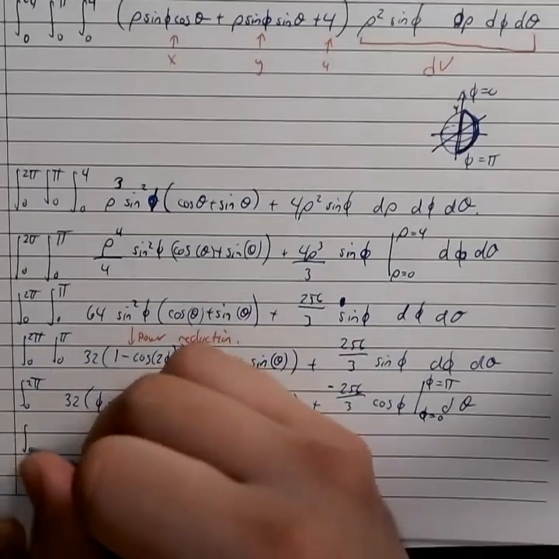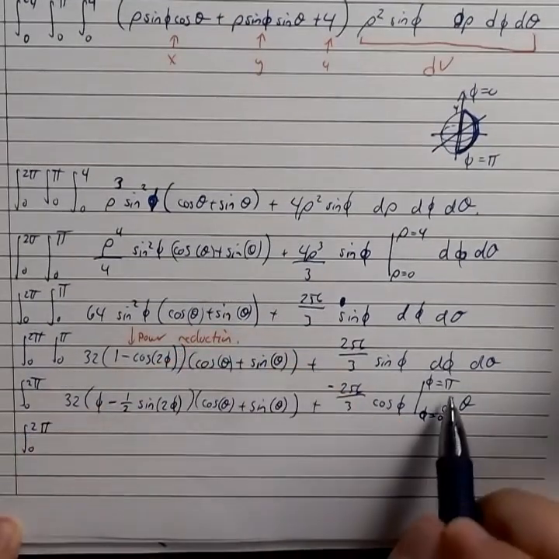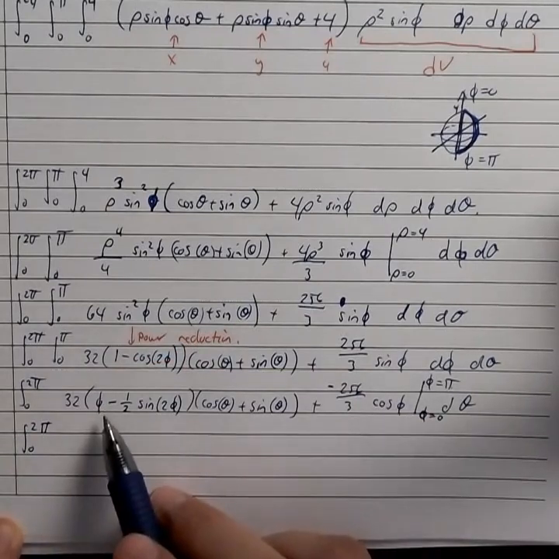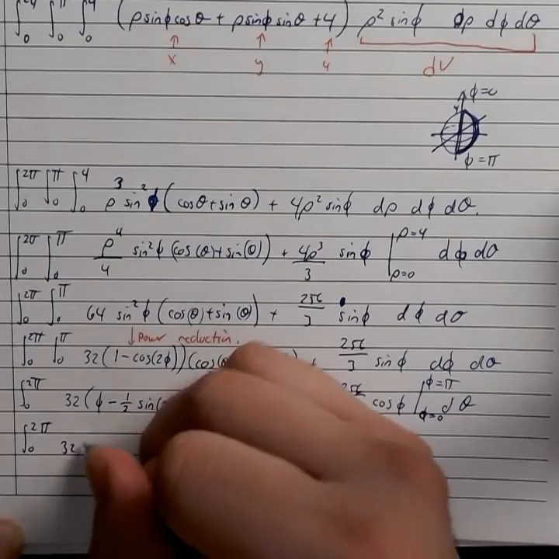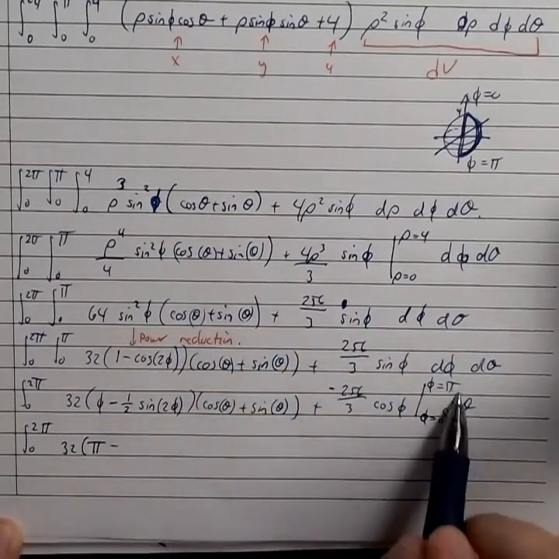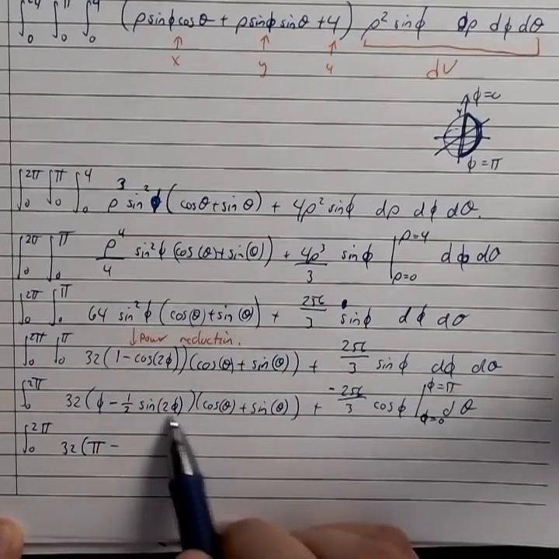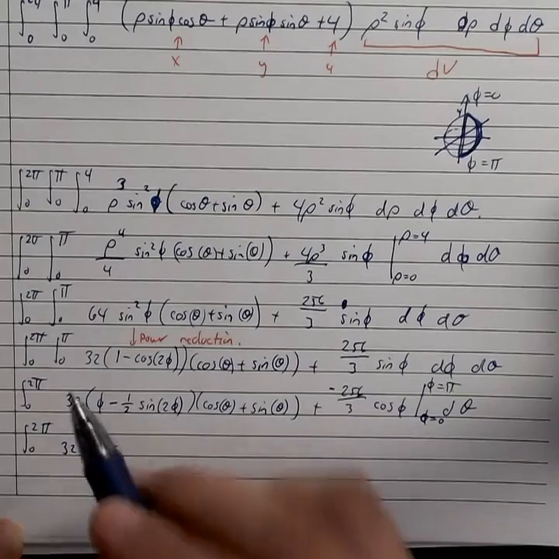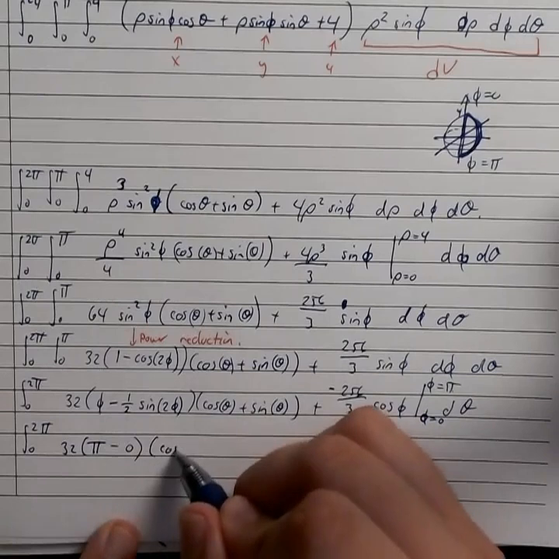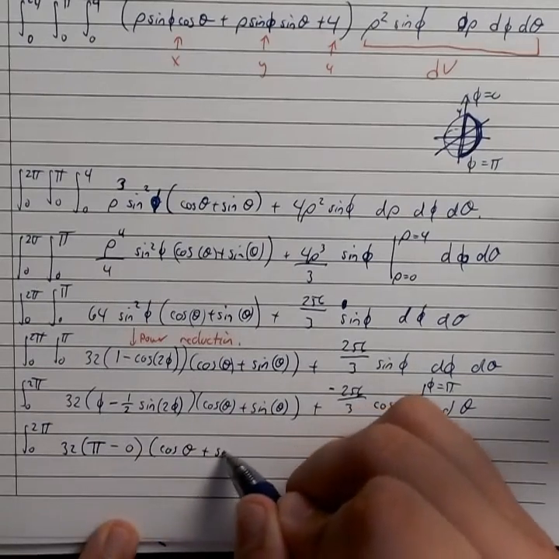And so that becomes the integral from 0 to 2 pi of, all right, let's see here. If I plug in pi to these, that's going to give me 32 pi minus, let's see, 2 times pi is 2 pi. The sine of 2 pi is 0, and anything times 0 is 0. So that's just pi minus 0, times cosine of theta plus sine of theta.